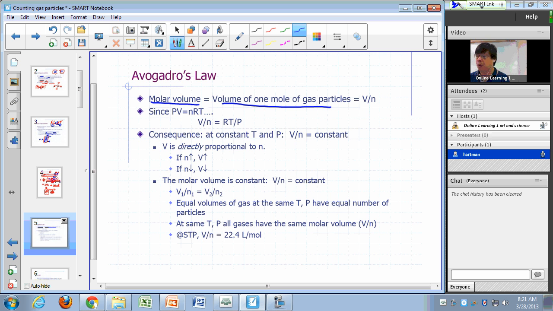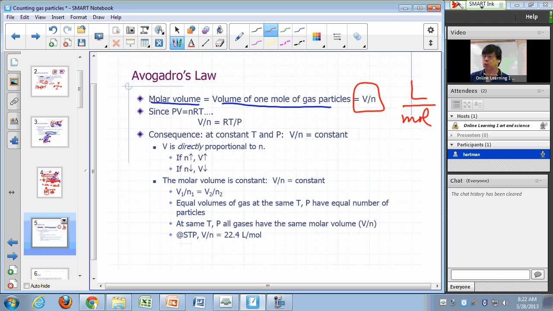Volume per mole is the volume divided by the number of moles, and the unit is liters per mole.